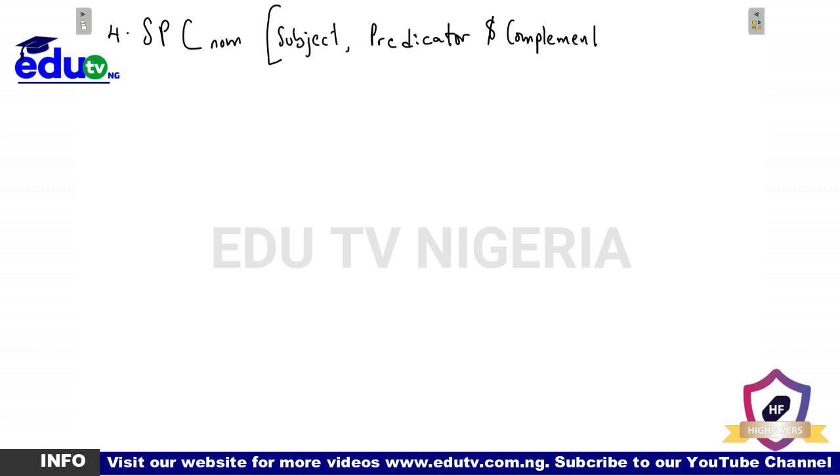Like I said, this complement is actually a nominal group or a noun phrase. That means that it's a nominal complement. So we have an example of it. But before we go there, let's first write out our SP and then C.